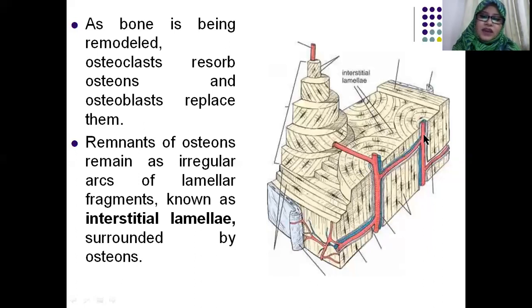So, in compact bone, we can see four types of lamellae.